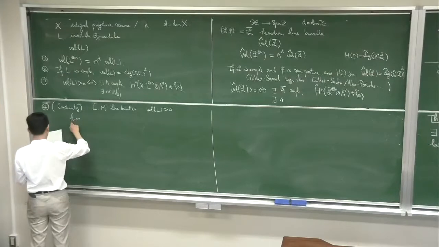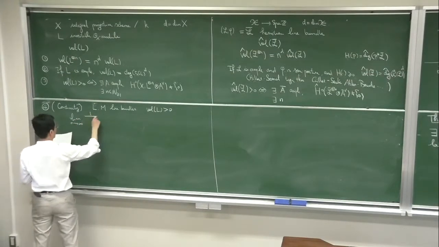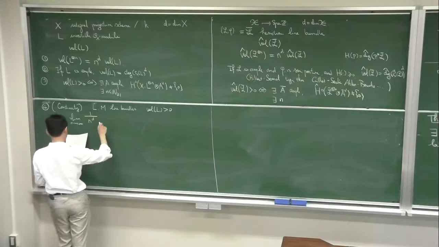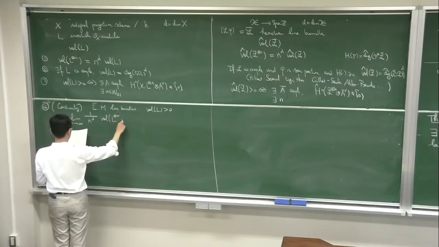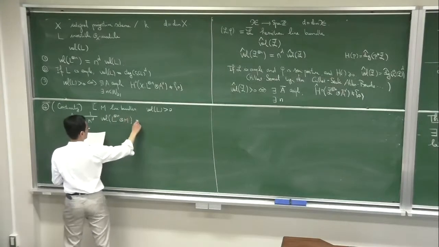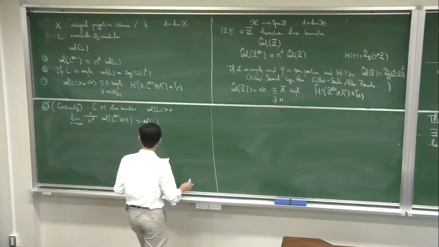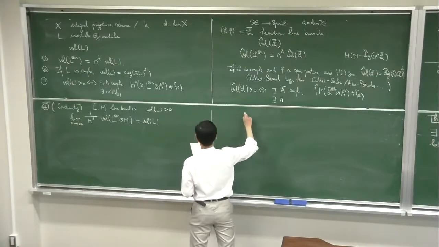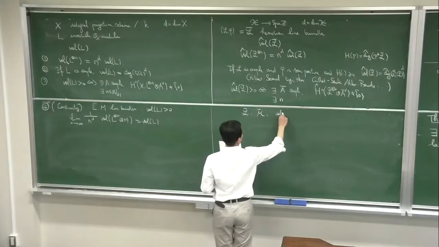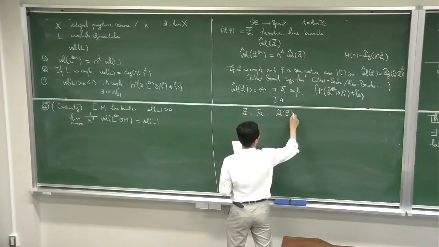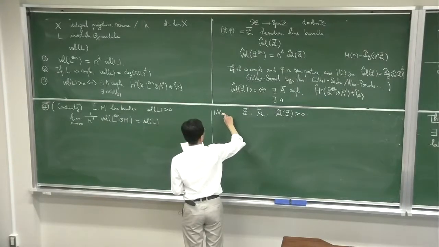Then the limit as n goes to infinity of 1 over n to the power d, volume of L to the power n tensor M, is the same thing as the volume of L. And then you have the same thing for the volume of L positive, so this is the theorem of Moriwaki.